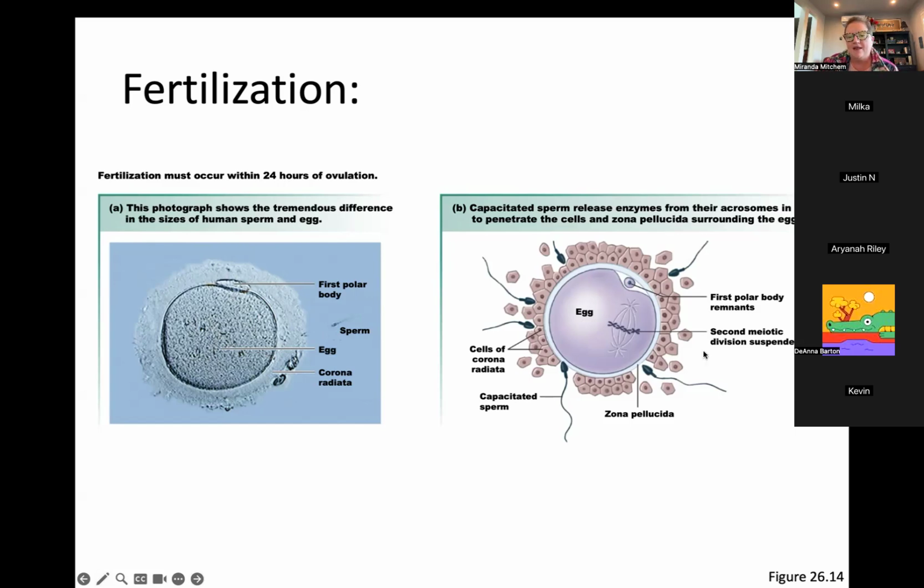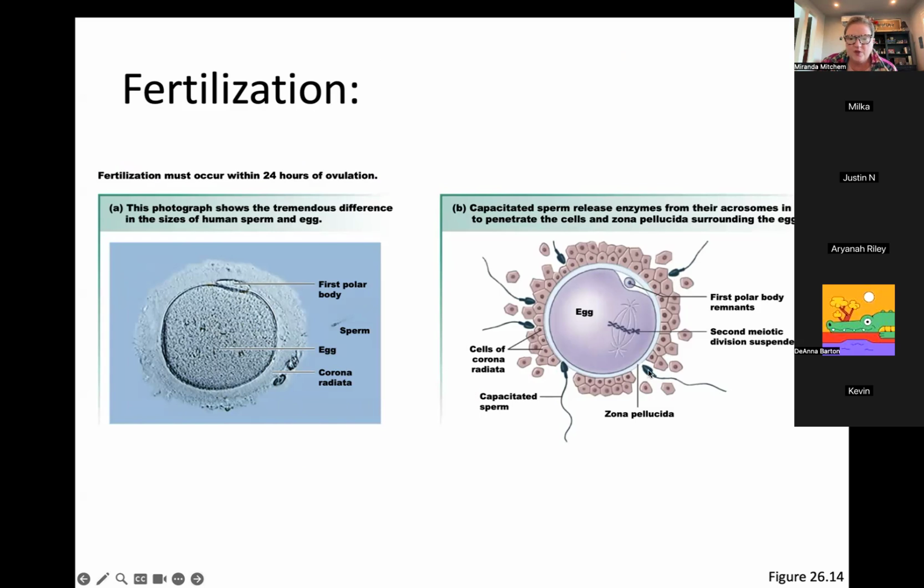So many thousands of sperm are going to try to fertilize the same egg. The head of the sperm has enzymes, and it will break down this light blue layer, which is a gelatinous layer, but that's where the receptors for sperm are located.